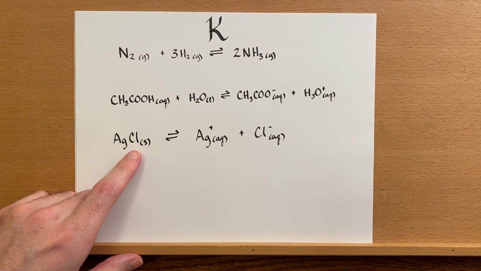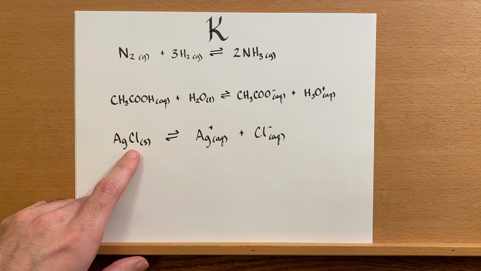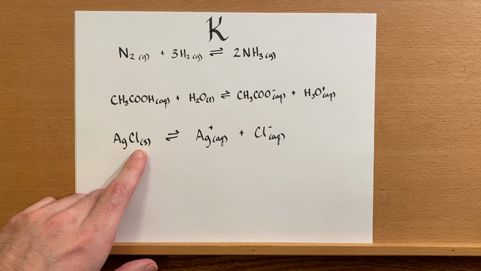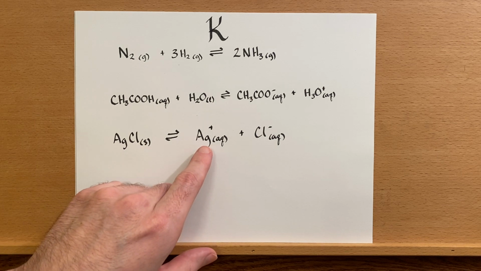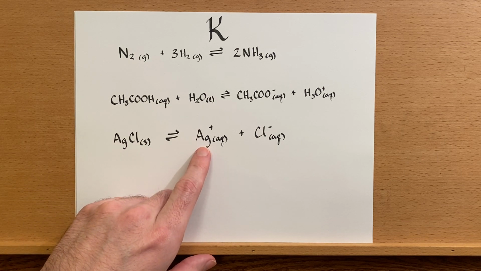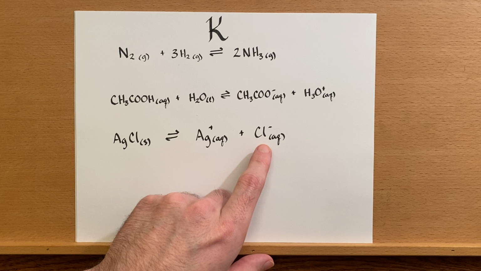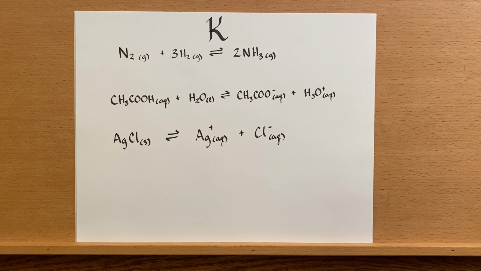And then the third is when the so-called insoluble salt silver chloride actually does dissolve a little bit and make silver ions in solution and chloride ions in solution. So each one of these has been chosen to illustrate a particular aspect of writing an equilibrium constant expression.